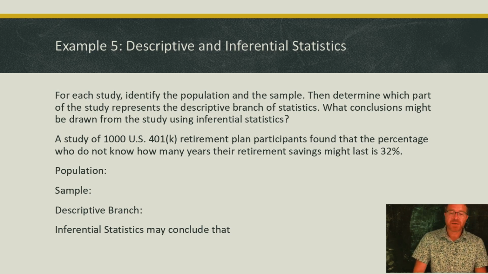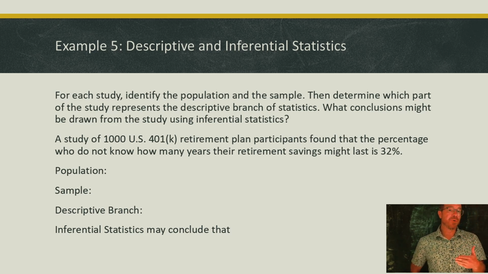Okay, next one. A study of 1,000 U.S. 401k retirement plan participants found that the percentage who do not know how many years their retirement savings might last is 32%. So in this case, our study of 1,000 U.S. 401k retirement plan participants, that's our sample, right? It's 1,000 people in the U.S. who have 401k retirement plans.